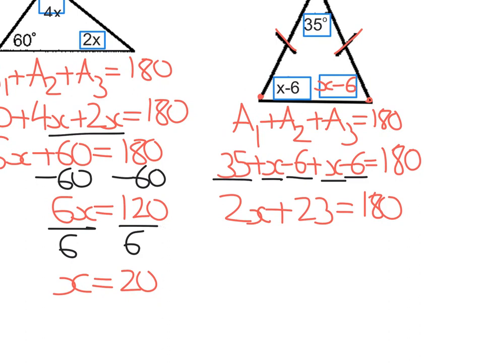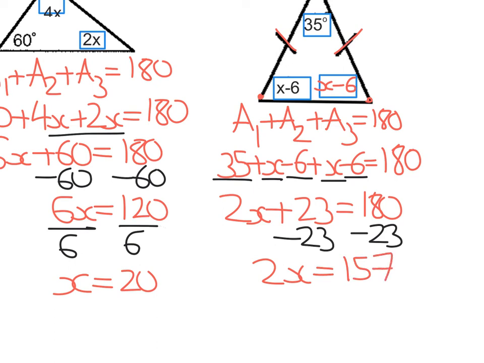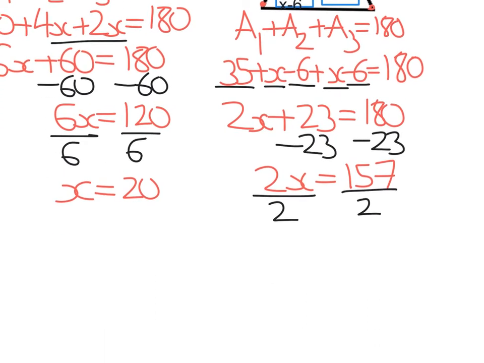So I want to get numbers onto one side, letter terms on the other. So I'm going to take away 23 from both sides, and I'm going to get 2x is equal to 157. Now that I've got letter terms on one side, number terms on the other, I'm going to divide by the number in front of the letter, which in this case is 2. And let me just move that up, give myself a little bit more room. I'm going to get x is equal to 78.5.